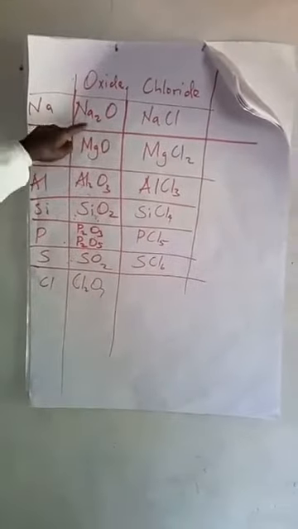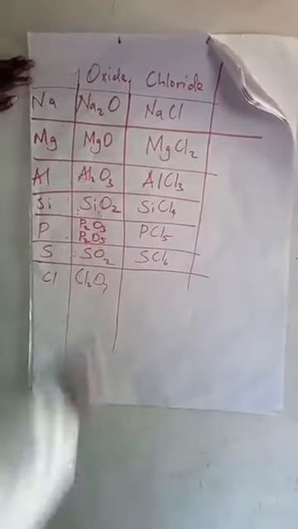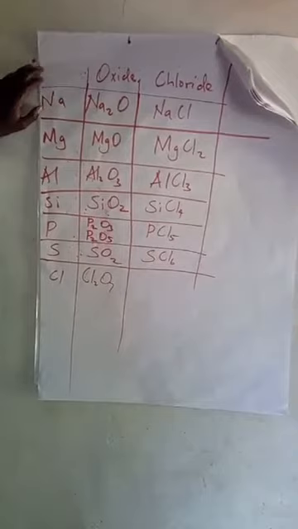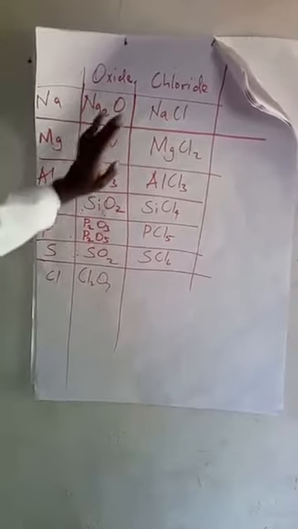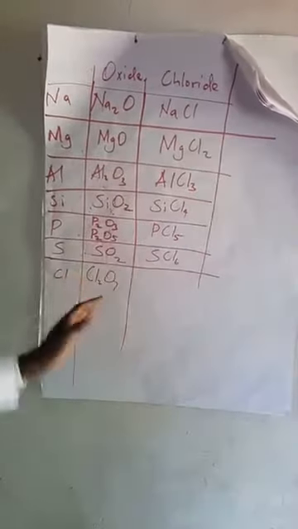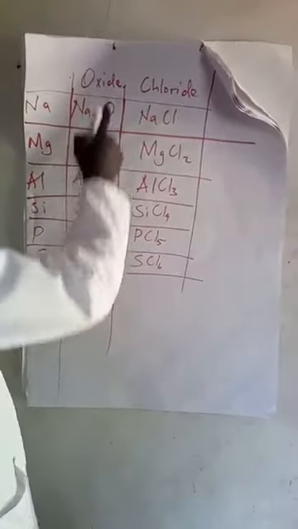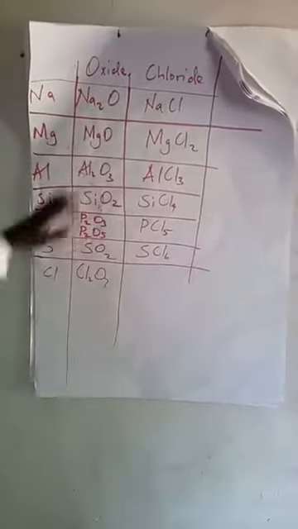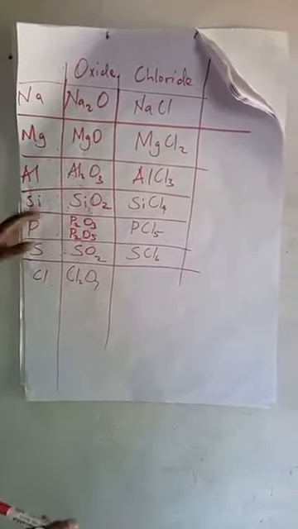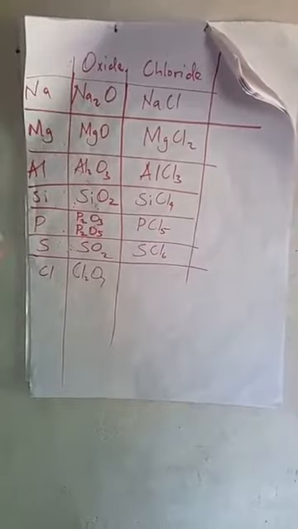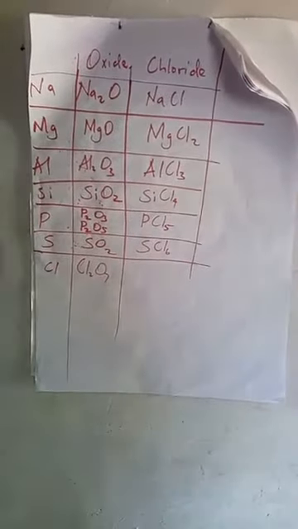Okay, starting with sodium. These oxides are metallic oxides: sodium oxide, magnesium oxide, aluminium oxide. When sodium and magnesium oxides dissolve in water, they form basic solutions.